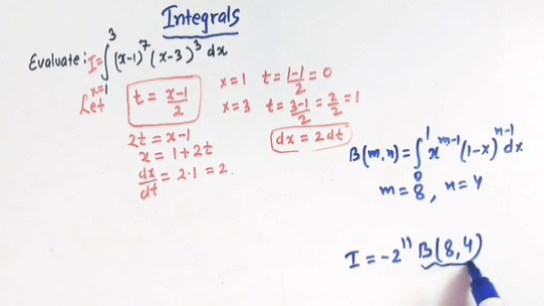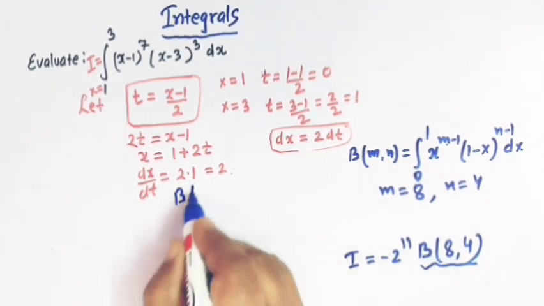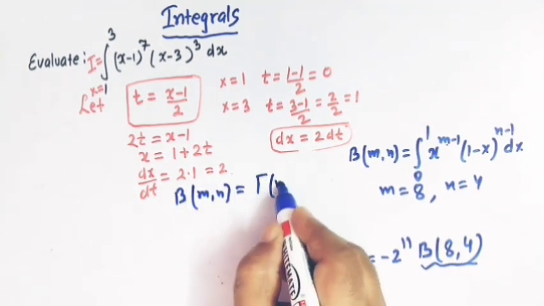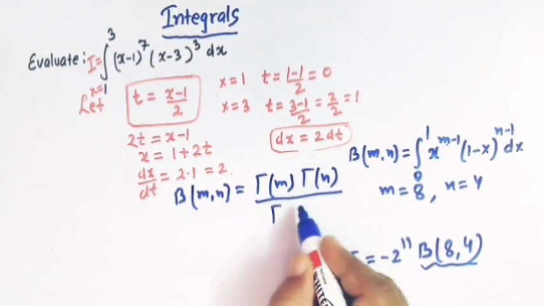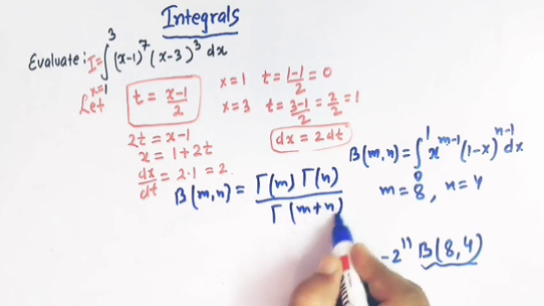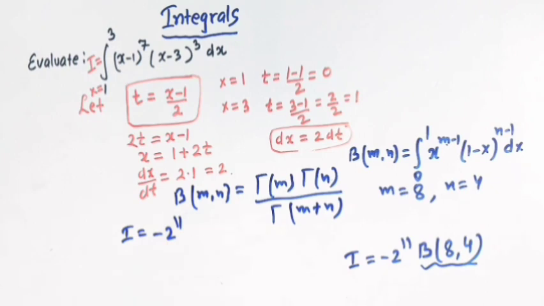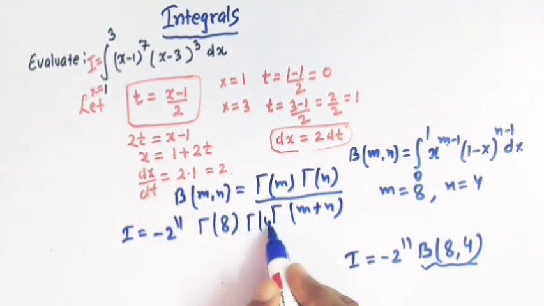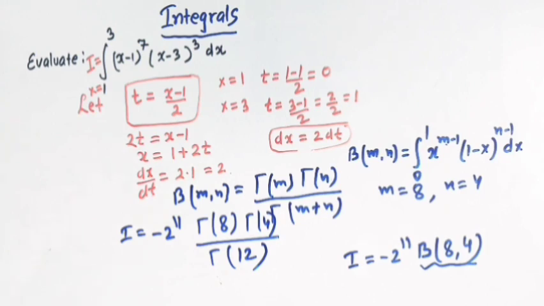So now this beta function can be expressed in terms of gamma function. So we have beta m n is equal to gamma of m, gamma of n divided by gamma of m plus n, right? So we have I is equal to minus 2 raised to 11, gamma of 8, gamma of 4, and then gamma of 8 plus 4, that is 12, right?